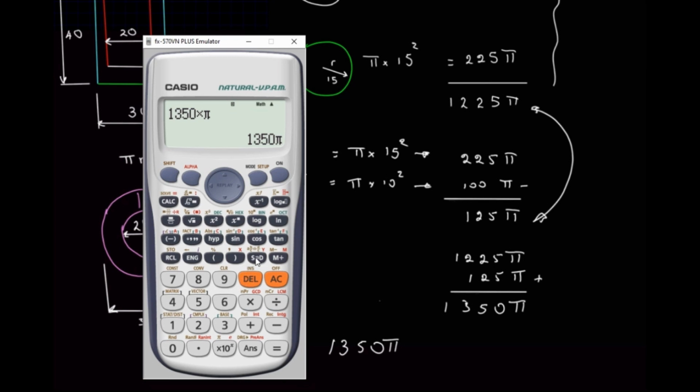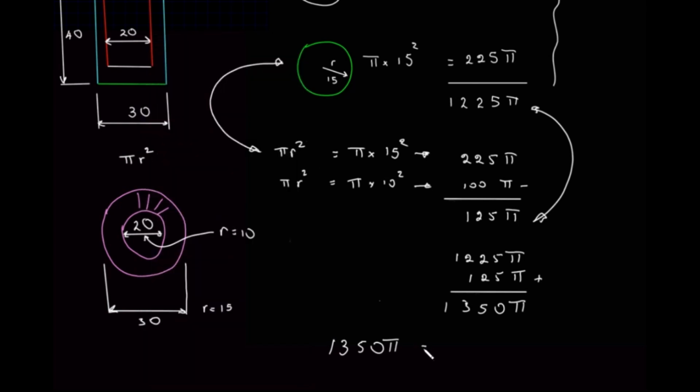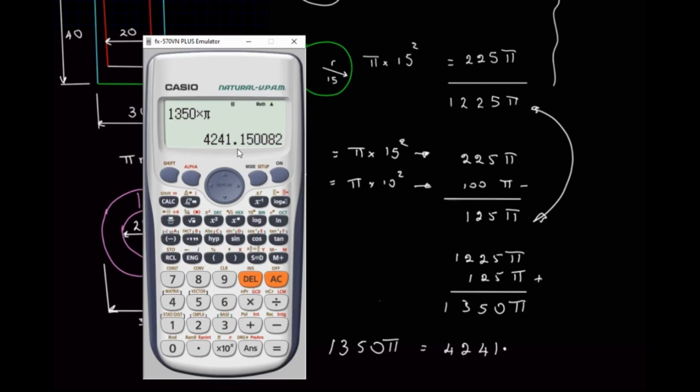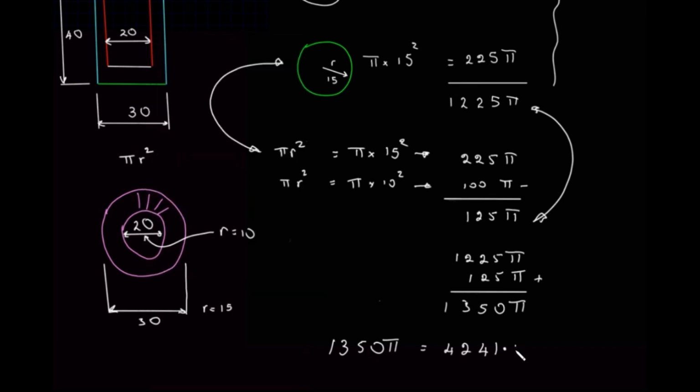I need to convert that to decimal, and here we go, 4241.15. There's a decimal point. I said 3 places, so there's your cutoff between the zeros. To the right of the cutoff is less than 5, so we don't round up that 0, so it's 150 to 3 decimal places.